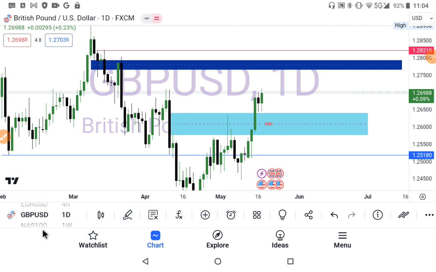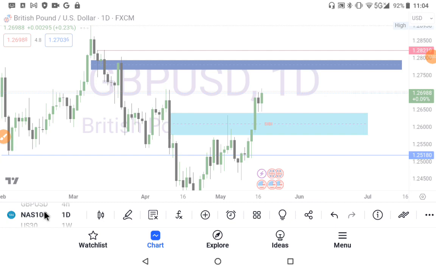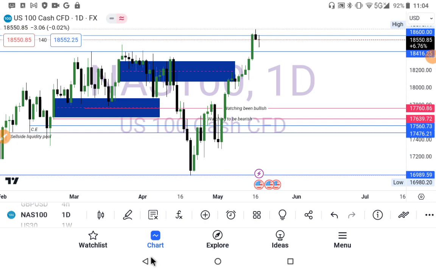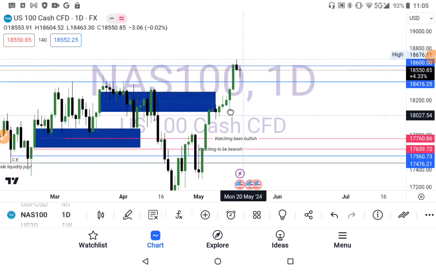Then let's move into our NASDAQ. NASDAQ last week. On NASDAQ, it has resumed going. NASDAQ has delivered another kind of all-time highs.